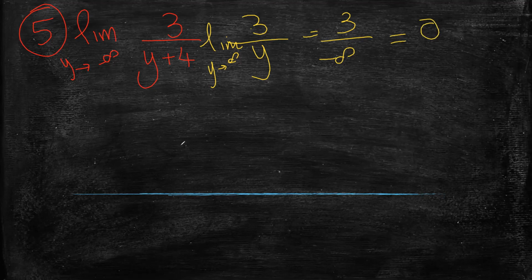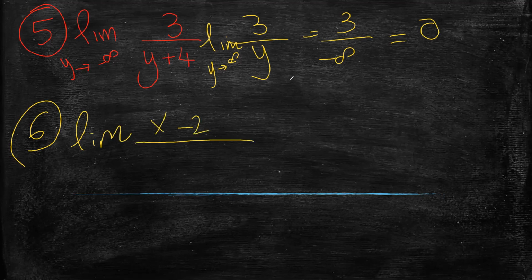Now, number 6, let's do it. Limit x minus 2 over x squared plus 2x plus 1. We will take the highest degree, the x over x squared.